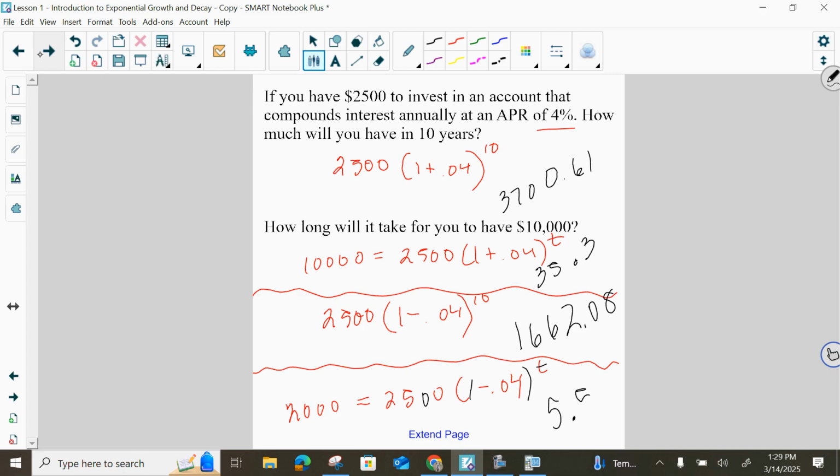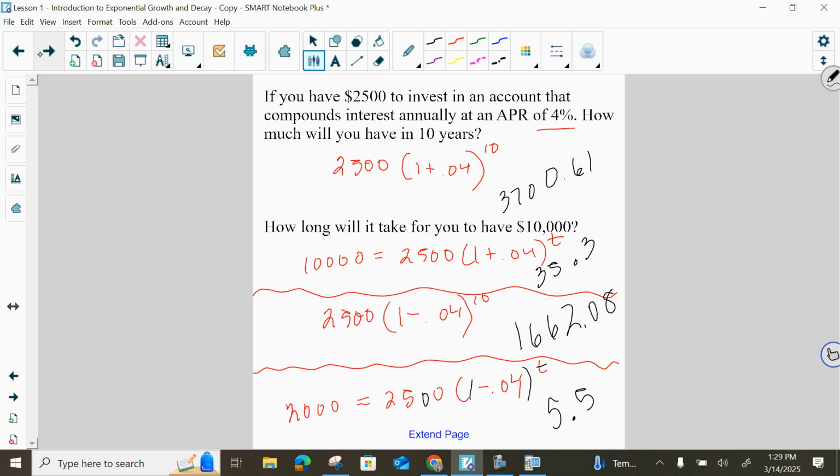I'm getting around 5.5 years. Is that okay? We're going to switch the formula up a little bit.